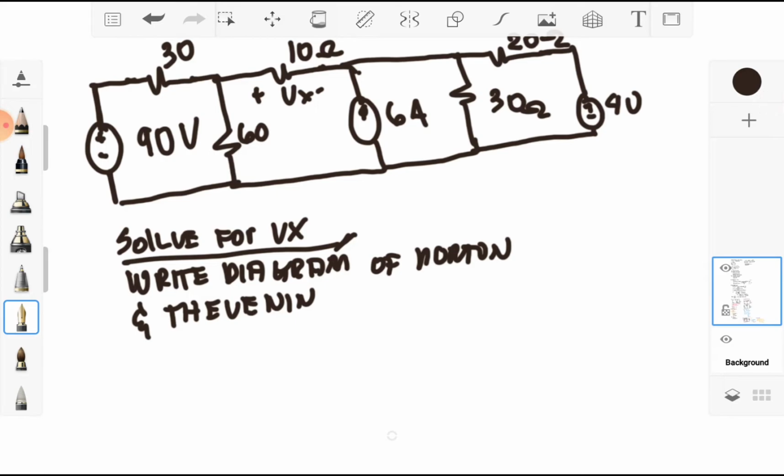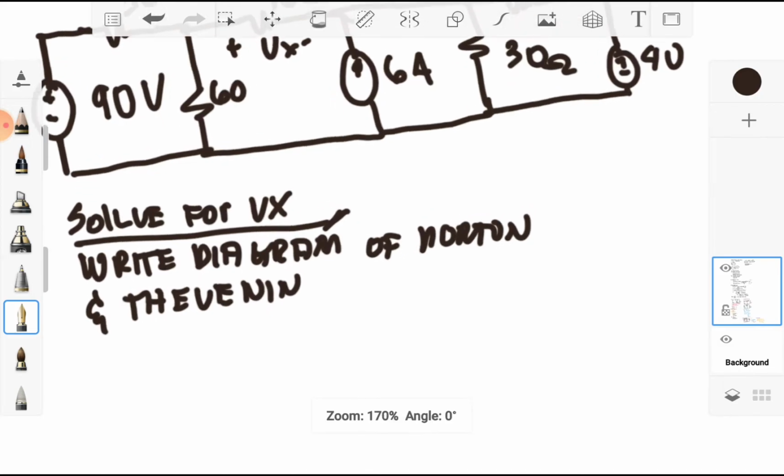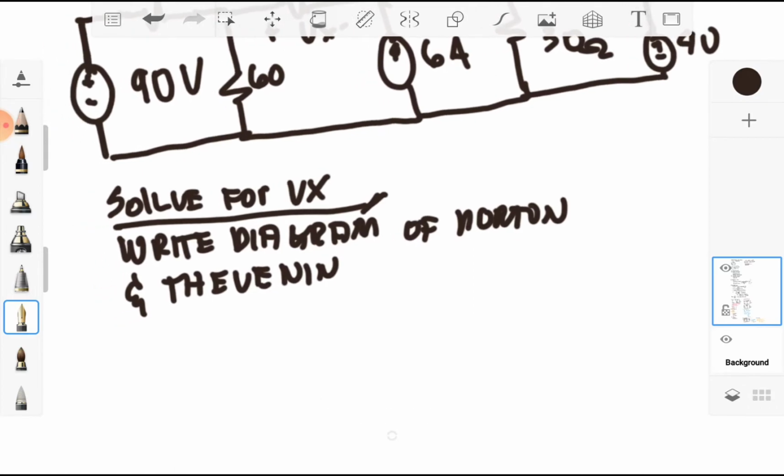It's better to use Thevenin in my opinion, and then you will just transform it into its equivalent Norton circuit, basically because your Norton is just the source transformation of your Thevenin. Okay? So let us proceed.